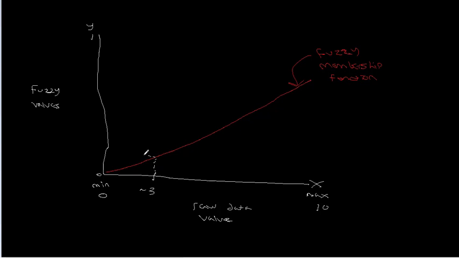And we're going to take it over to the y-axis. And this would be about 0.3.